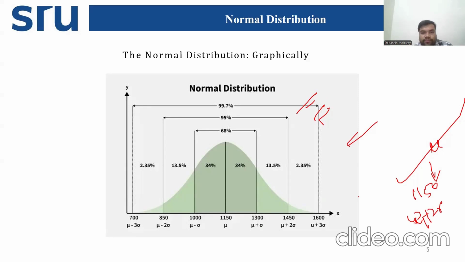This is the graphical representation of the normal distribution, showing how the mean and variance relate to the 68%, 95%, and 99.7%. Okay, students, here you can see the variation.